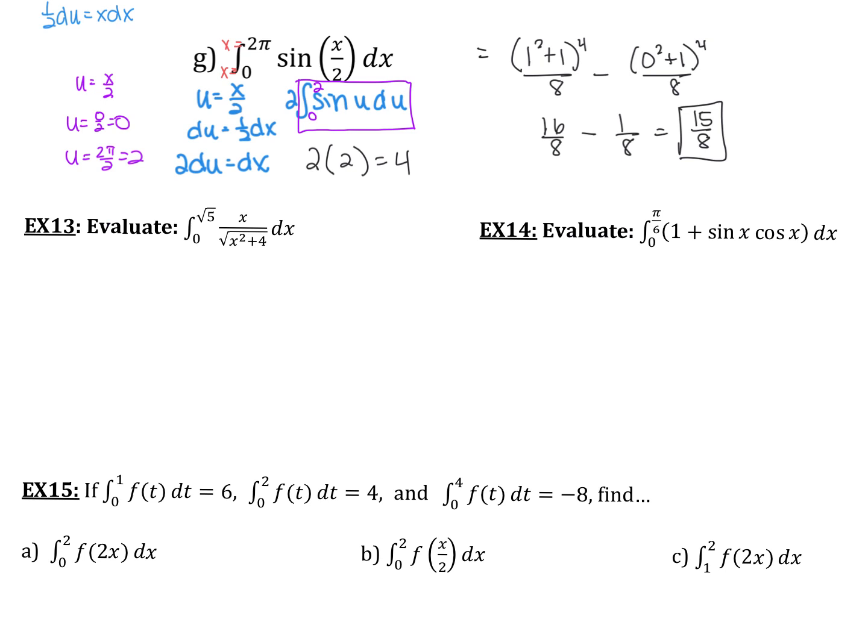So here are two examples to try, and you can try using a bound change. You don't have to. Just see whatever works for you, and then hit pause, and then come back and try them. All right, on this first one, I would let u equal x squared plus 4, du equals 2x dx, so 1/2 du equals x dx.